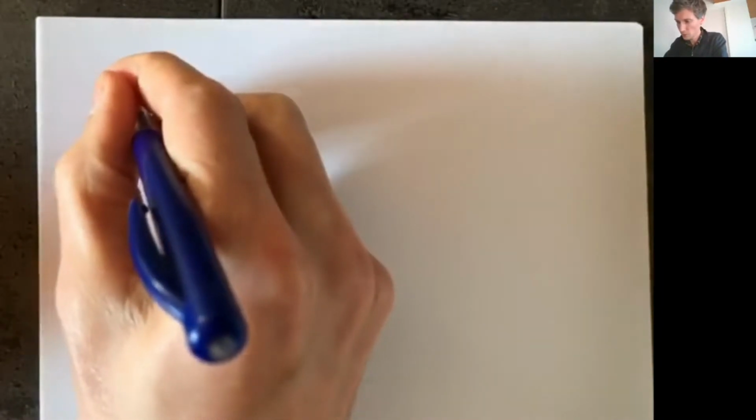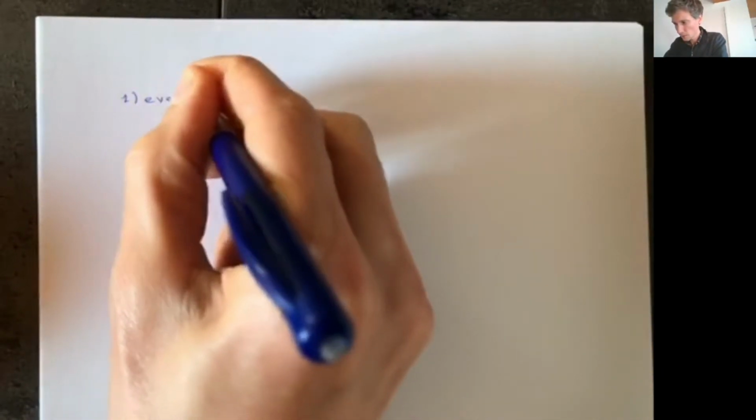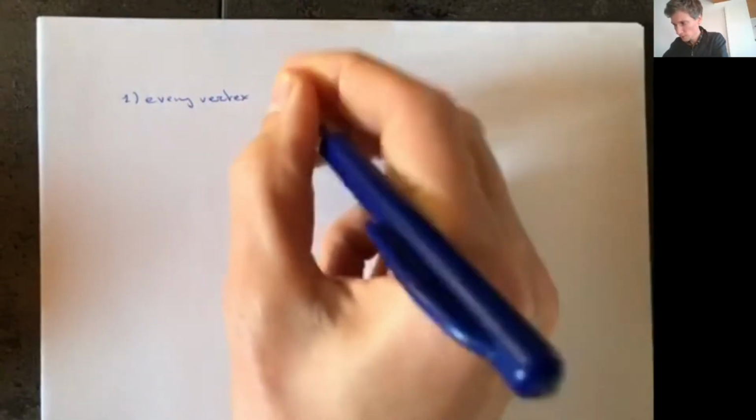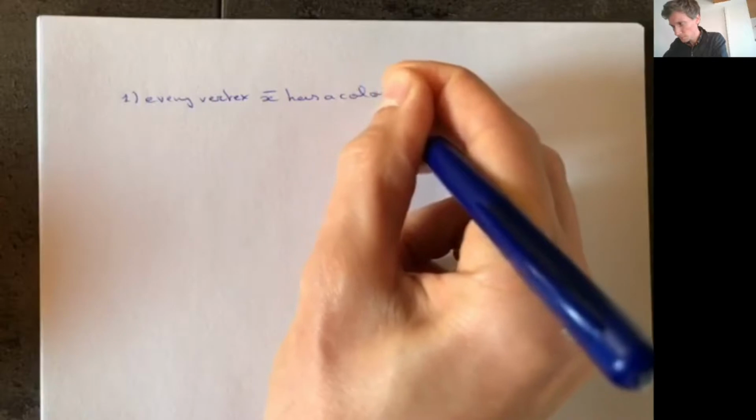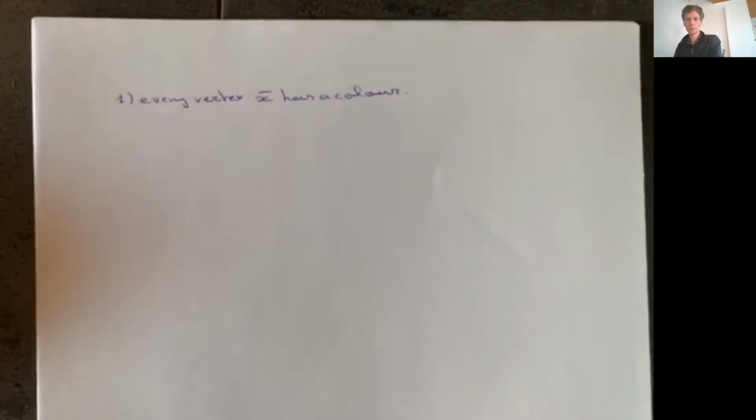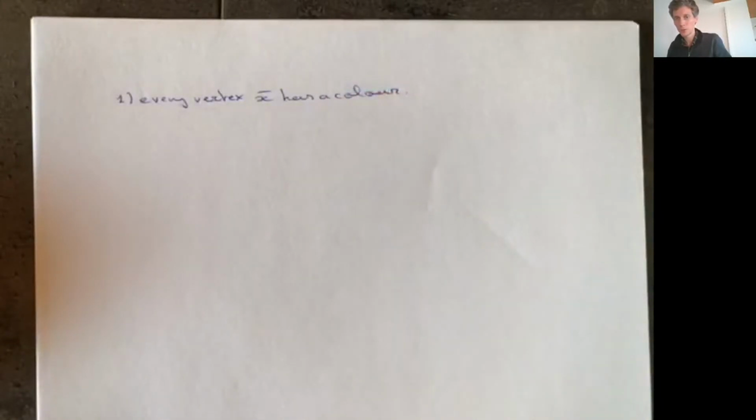My claim is, first, that every vertex x has a color. We're going to use an argument by contradiction.